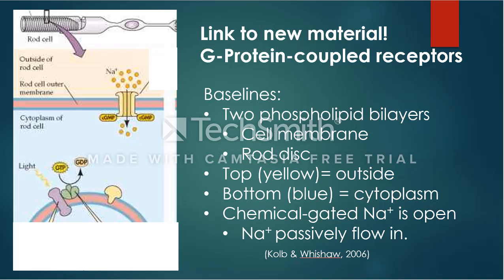So in the resting state, the sodium ion channel is always open, which means sodium ions can have a net influx into the cell due to the difference in concentration gradient outside and inside. And last thing to remember, these are sodium ions, so sodium ions do carry a positive charge.